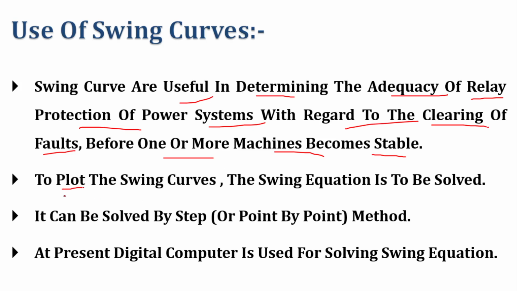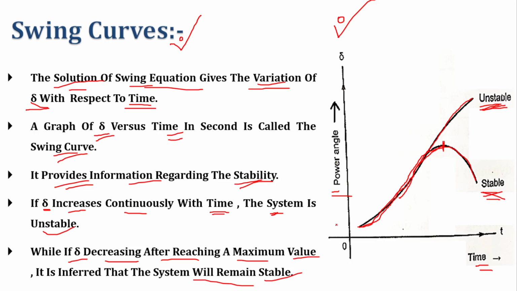To plot the swing curve, the swing equation should be solved, and this swing equation can be solved by the step by step method or point by point method. This method we will learn in our further lectures. In our further lectures, we will also draw the graph of delta versus t, and how to make the system stable; that we will also learn.